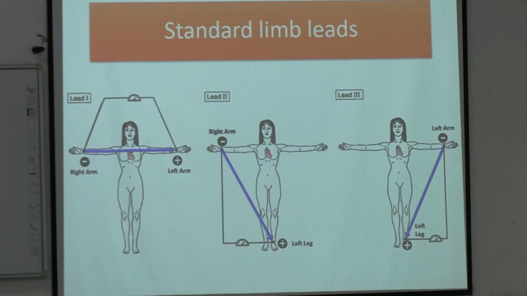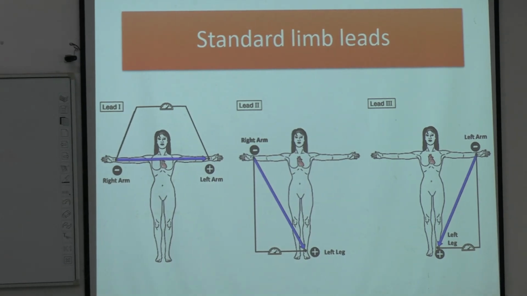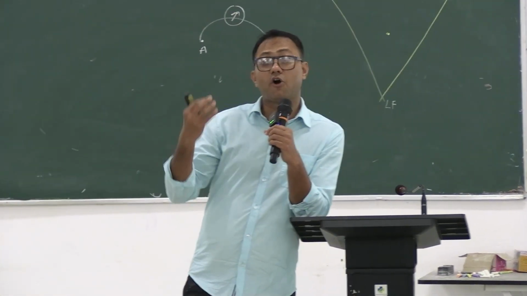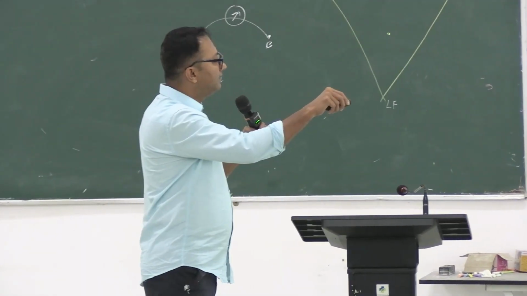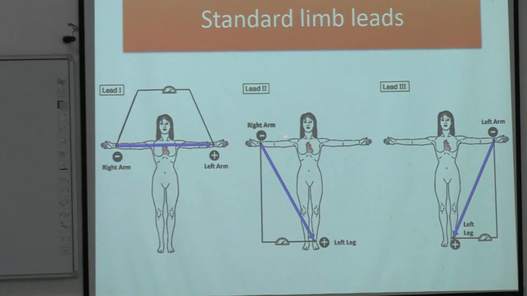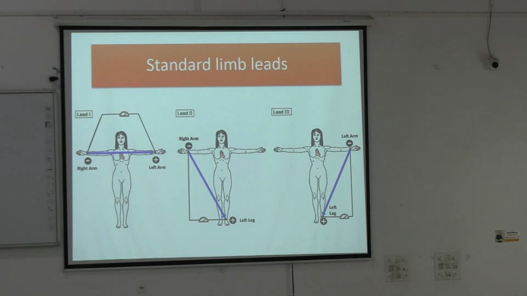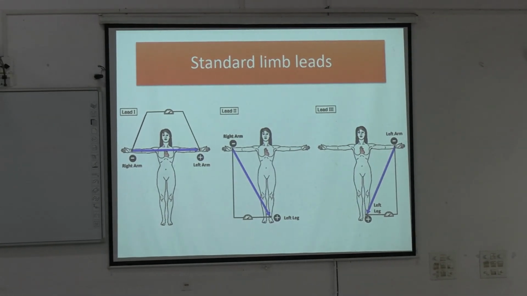Flow of electricity means flow of action potential, flow of depolarization wave, or repolarization wave. Lead 1 is capable of detecting a depolarization wave or repolarization wave that is flowing in this direction, RA to LA. Clear?